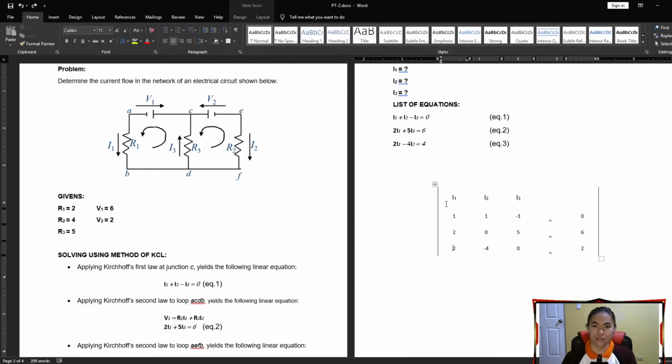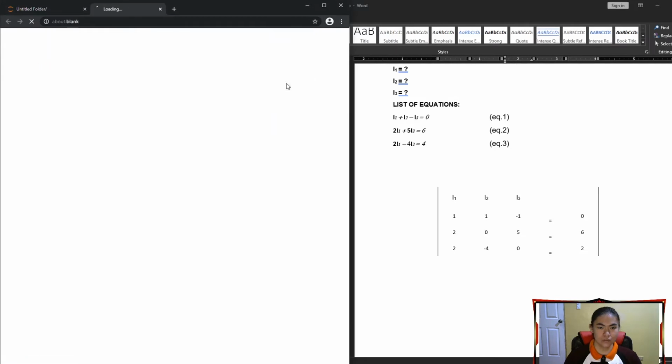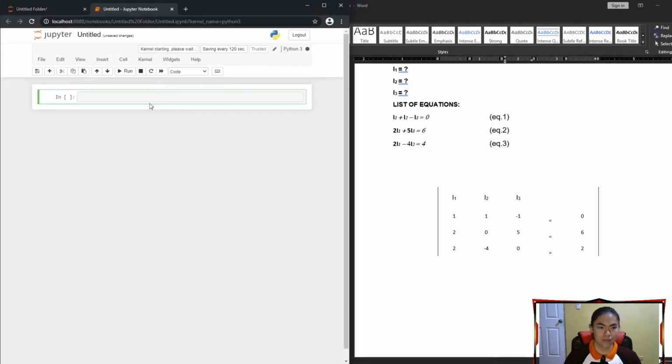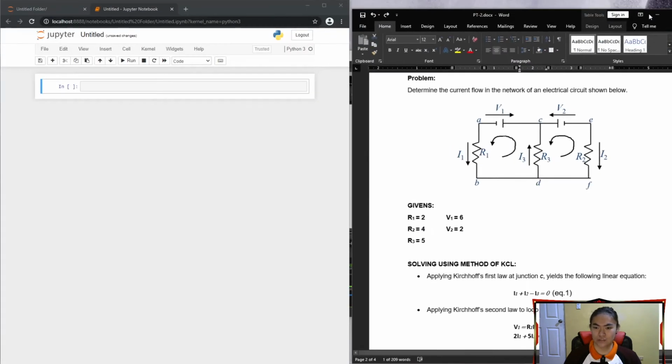Now, to solve this, the values of I1, I2, and I3, we will be using Jupyter Notebook. So, una is, i-open muna natin yung ating Jupyter Notebook. So, ito siya. Gagawa tayo ng new Python. Okay. So, wait lang. Sundan nyo yung steps na aking gagawin.